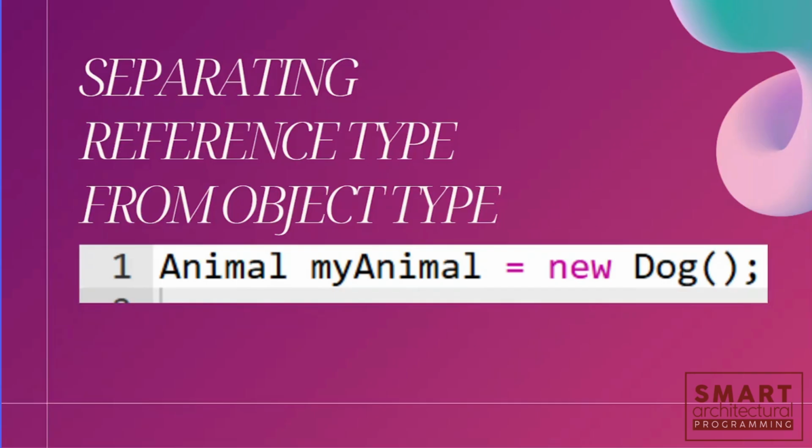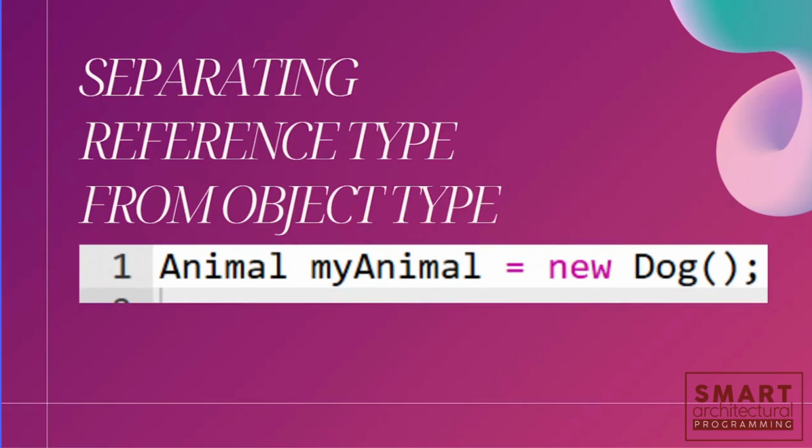So let's look at some code to clarify this concept a little better. As you can see in this code, we have Animal, which is a class that we defined. Then we created myAnimal and created an object using the Dog class. Here myAnimal is declared as an Animal. That's the reference type, but the object it points to is actually a Dog.